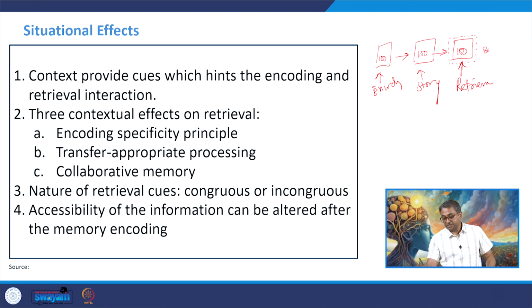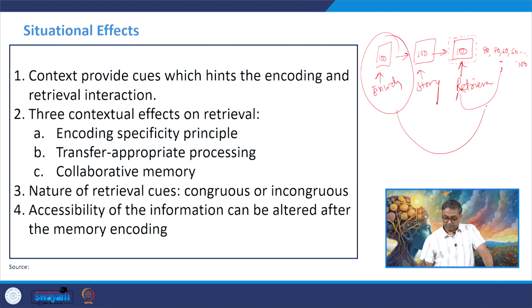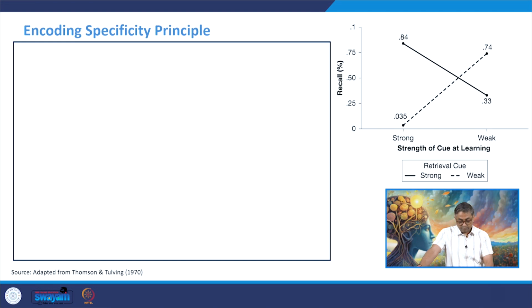Retrieval could be 80, 70, 60, 50, could be 100 as well, which is very rare, by the way. So this accessibility of information can be altered after the memory encoding. So what can we do? We can alter it by adopting different procedures.